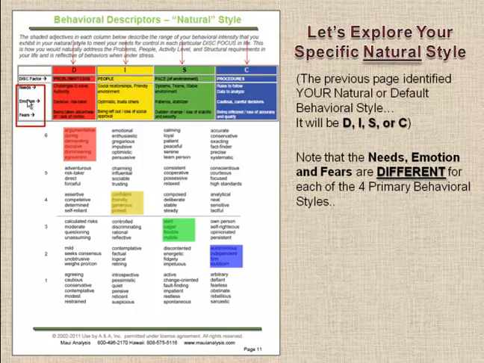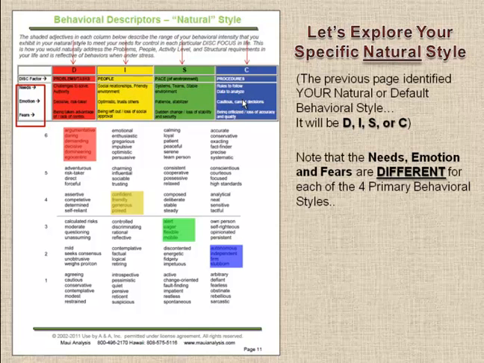The emotion that is tied to each of the four styles is different, and the fears that each of the four styles have are different, giving you more clues to understanding yourself and also to begin to identify the other people in your world based upon understanding how these different styles appear.